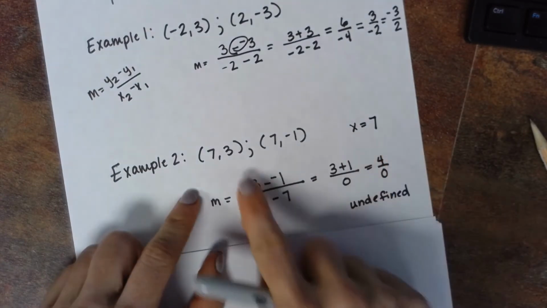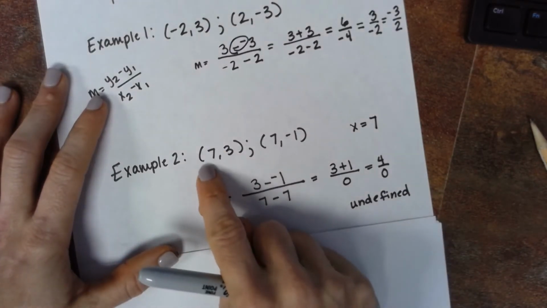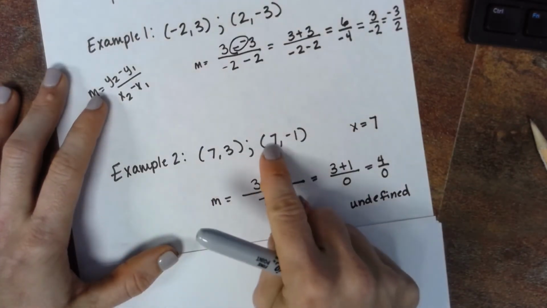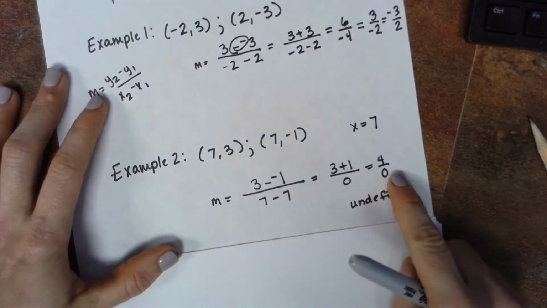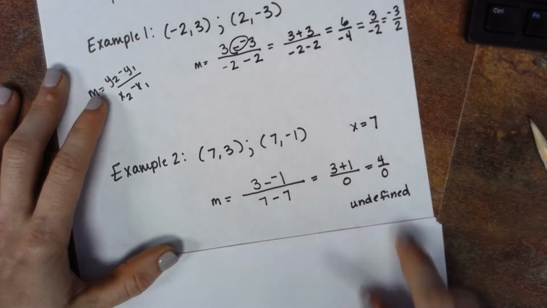Otherwise it just doesn't work out that way for lines. So if you make that connection right away that your x values are the same, you can save yourself this work and come up with this conclusion regarding the slope, that it is undefined.